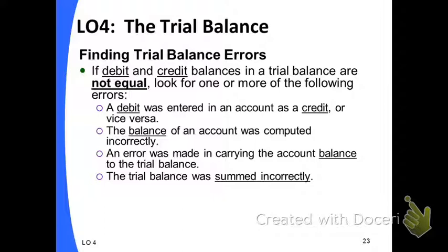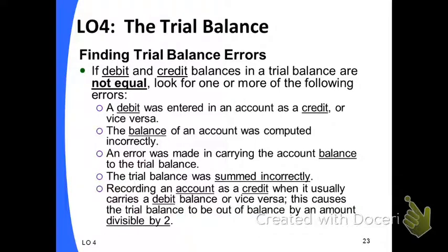The trial balance was not summed correctly, so you didn't add up the information in the trial balance correctly. Or lastly, you recorded an account as a credit when it is usually carried as a debit balance, or vice versa, and this would cause the trial balance to be out of balance by an amount divisible by 2. If that's the case, then you just have to look for which account you brought in incorrectly.